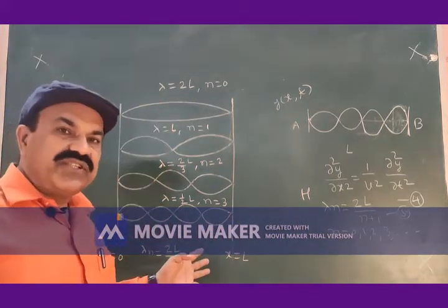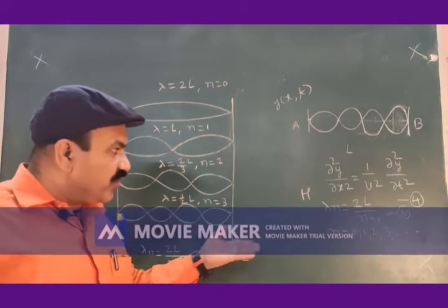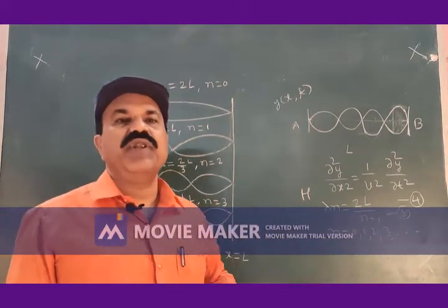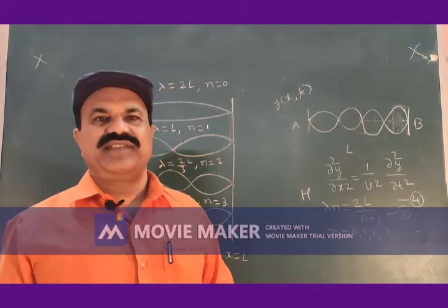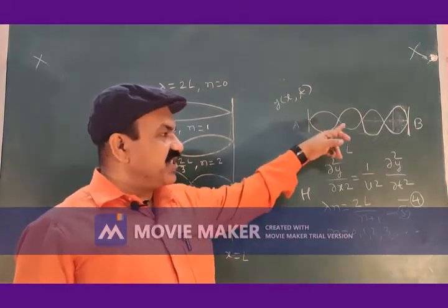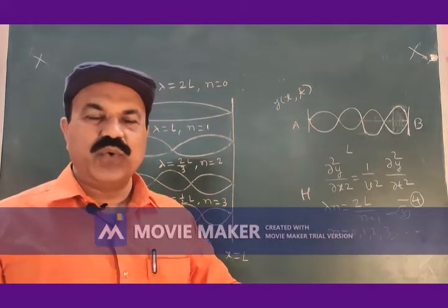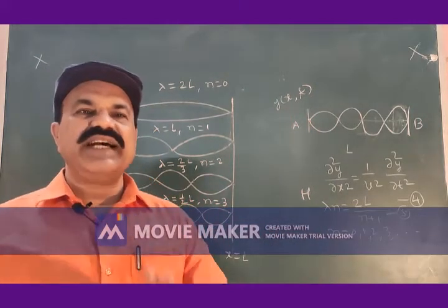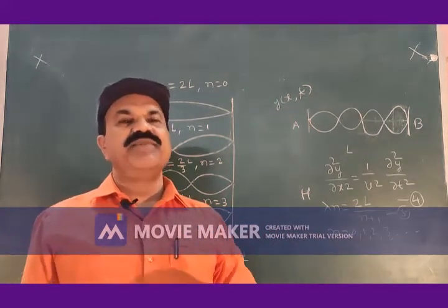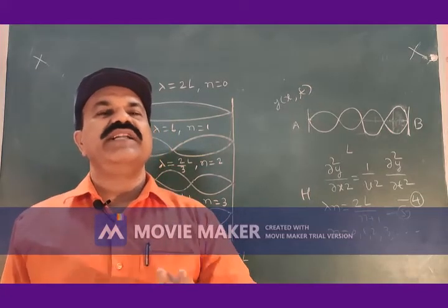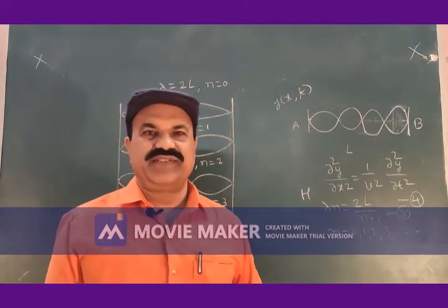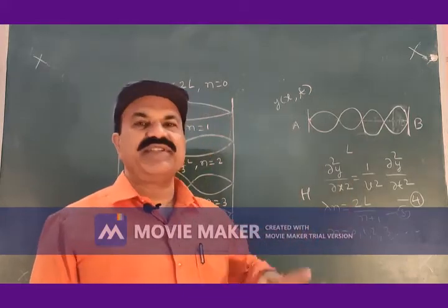However, the wavelengths corresponding to the solution, these wavelengths are quantized. If this system is a stable system, it can be solved only for quantized displacement. It can be solved only for quantized wavelengths if this system is stable.